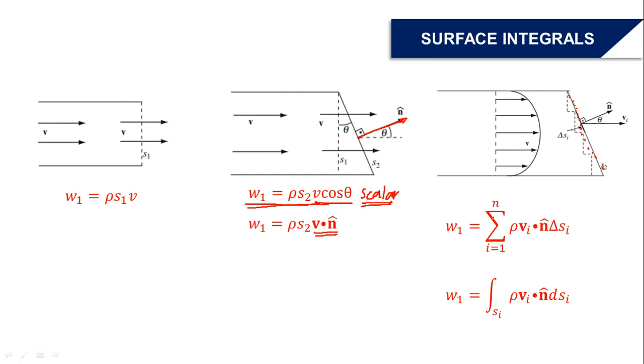So, summation from point 1 hanggang kung saan man yan, ng mass density, velocity at a given point, dot, n hat, times yung ating delta S sabay. Yun yung ating dS. Diyan papasok ngayon yung ating dS if infinitesimally small na yung ating surface area.